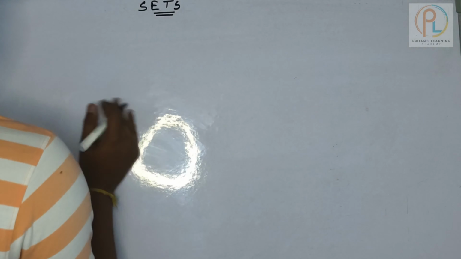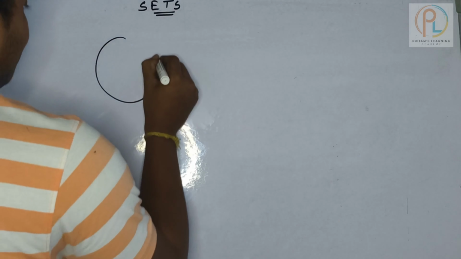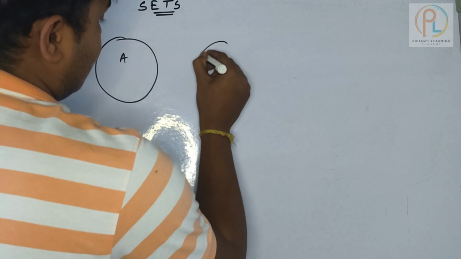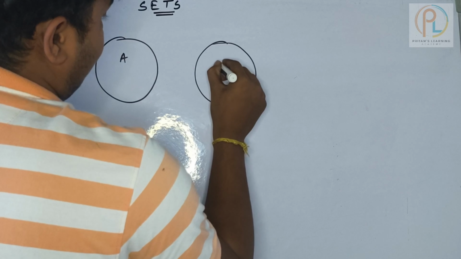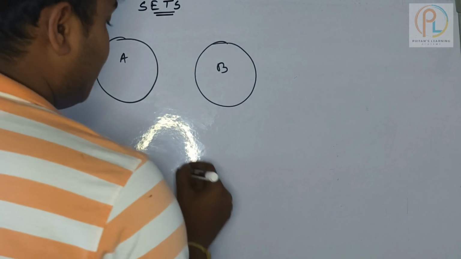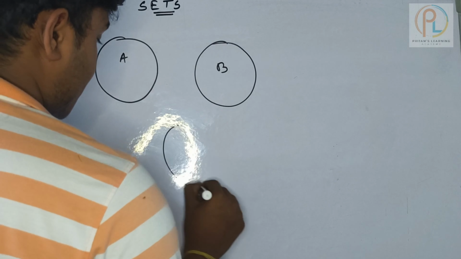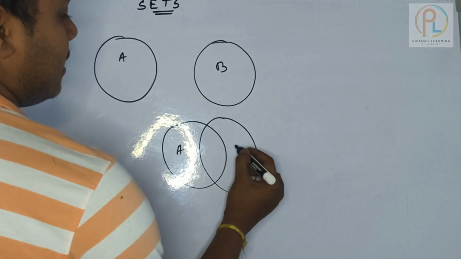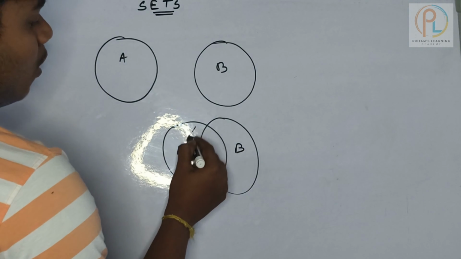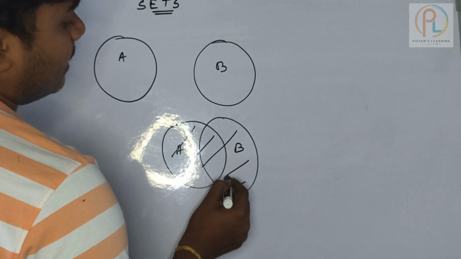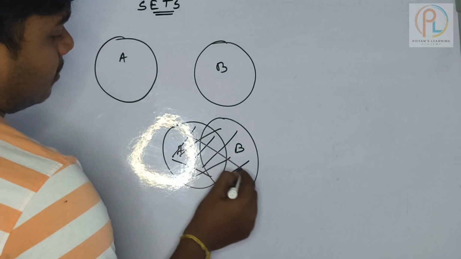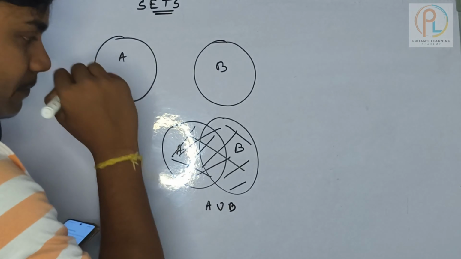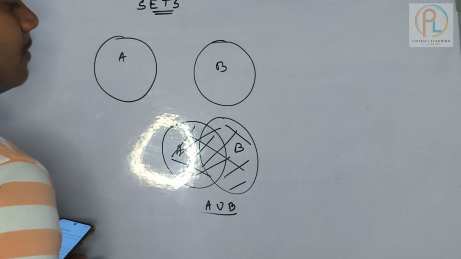Now, let us draw set A. Let us consider this set as A and this other set as B. If the sets are joined together, this is A and this is B. All the area covered by the entire circle is called A union B.